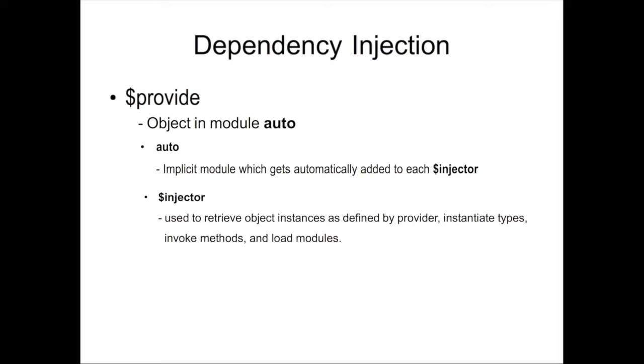So basically you have this object and this implicit module which provides you with these injectables that you can use in your app just out of the box. You can write your own, but you get some built into the framework that get you started easily.